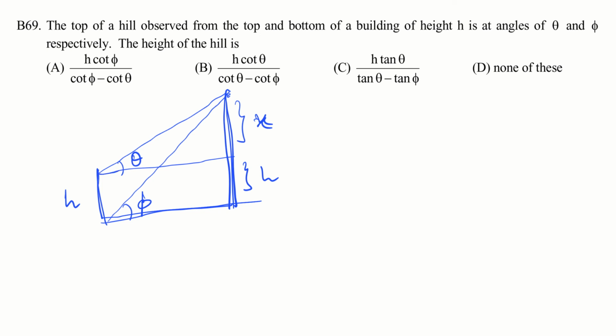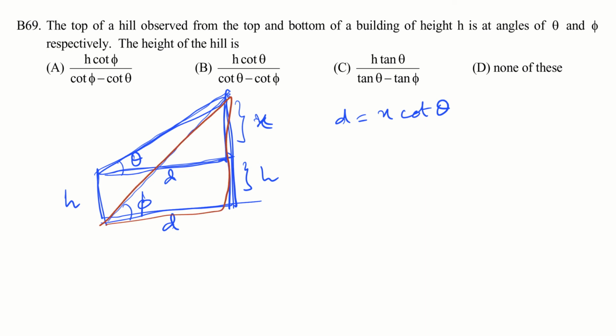So from this triangle, it is obvious that if I call this d, then d is nothing but x cot theta, and from this triangle we have d equal to (h plus x) into cot phi.